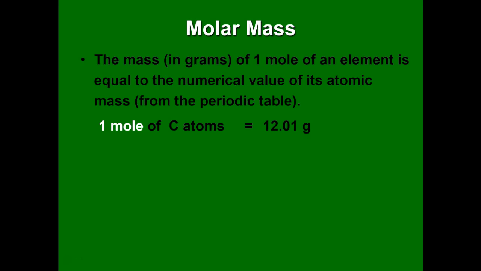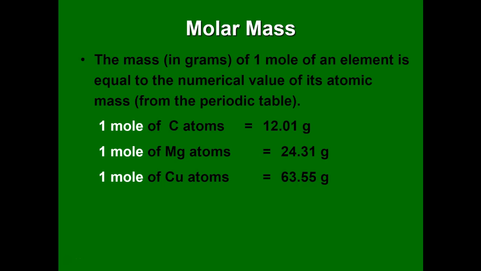And so a mole of carbon atoms weighs 12.01 grams, since 1 carbon atom weighs 12.01 atomic mass units. A mole of magnesium atoms weighs 24.31 grams. Again, these are just numbers right off of your periodic table.